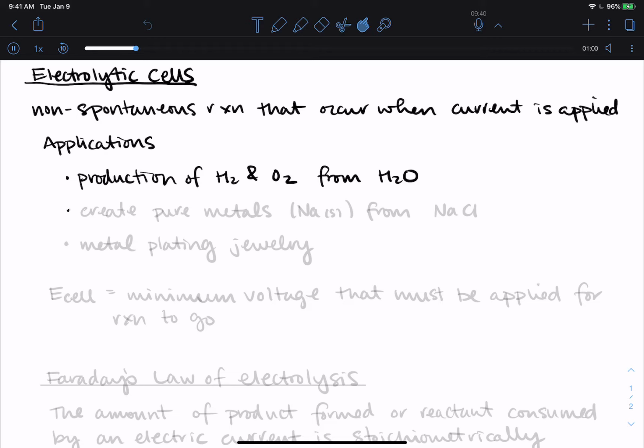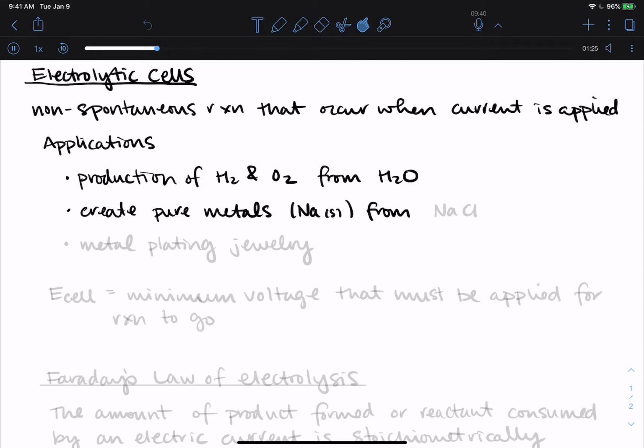It's also used to create pure metals. So we do often use things like pure sodium metal to do chemistry. I mean, you won't in Gen Chem lab for sure, because it's a little on the dangerous side. But, so we'll say Na solid, for example.